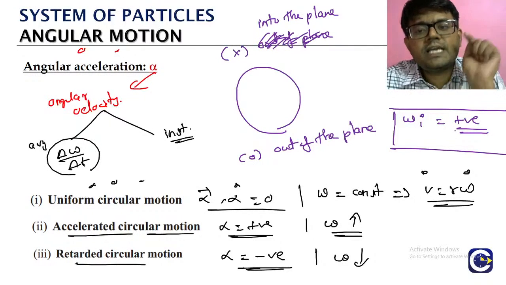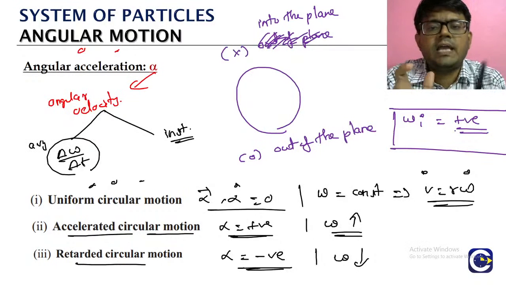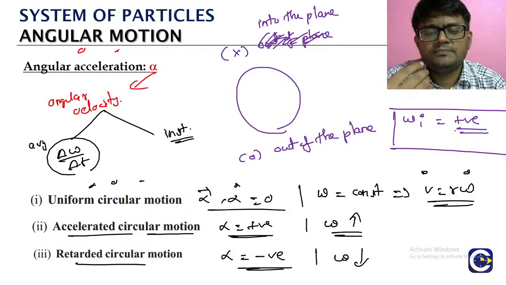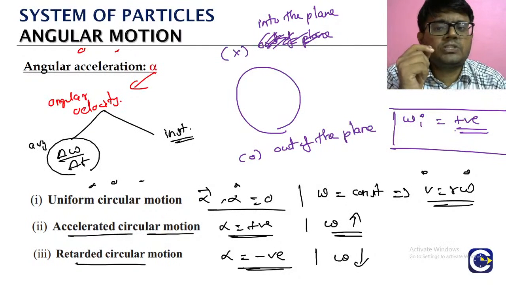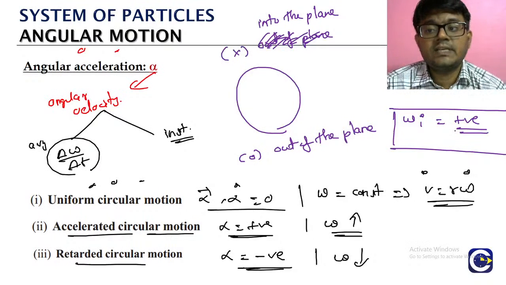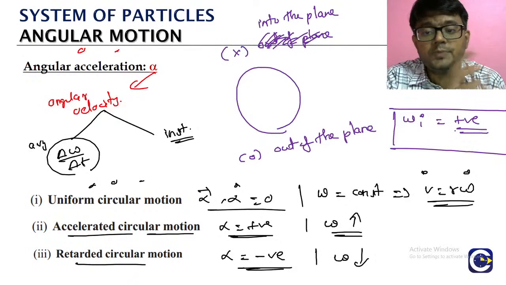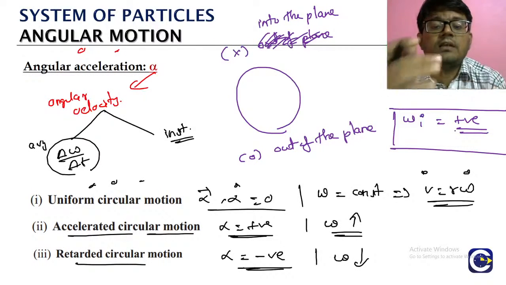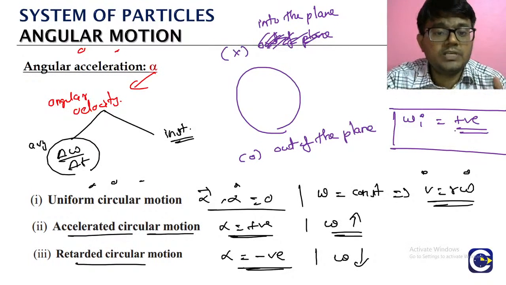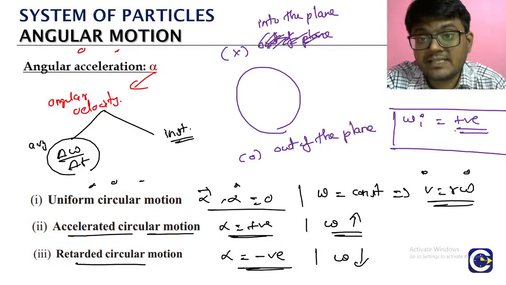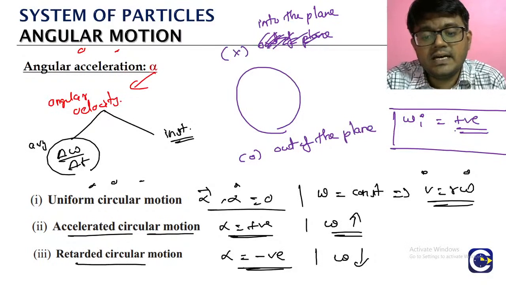If initial angular velocity is coming out of the plane, that direction will be taken as positive, and into the paper will be taken as negative. That is the sign convention, like we used in 1D motion, and we can use it here also. This is the way we classify circular motion into uniform circular motion, accelerated circular motion, or retarded circular motion.